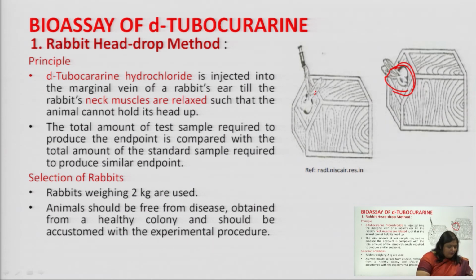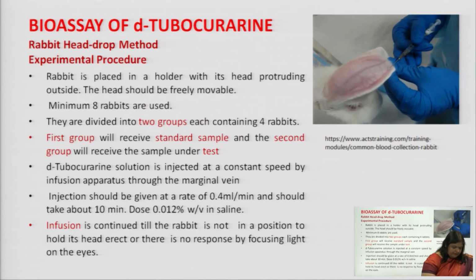So how do we go about it? We select rabbits weighing around 2 kg. The animals should be free from any disease. They should be obtained from a healthy colony, and when we bring them into our own animal house, they should be acclimatized to the conditions of the animal house.